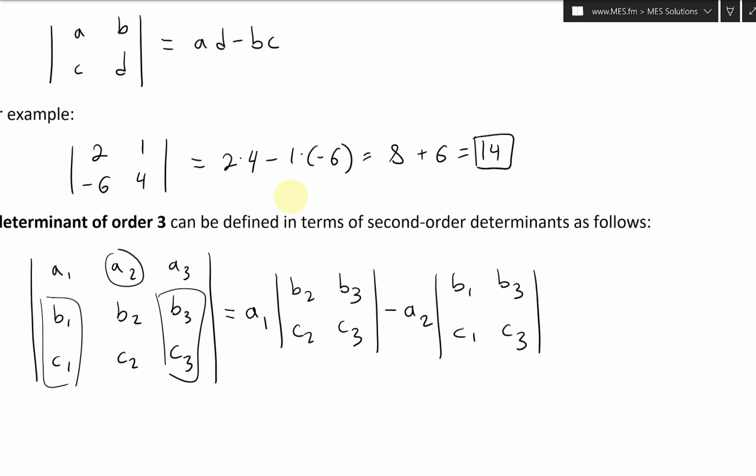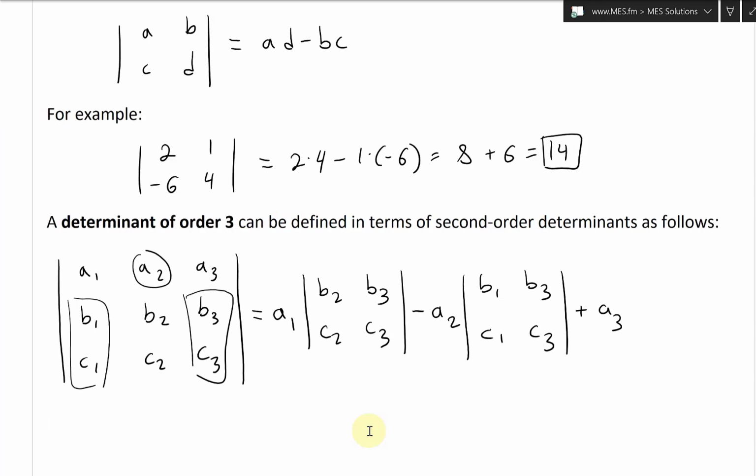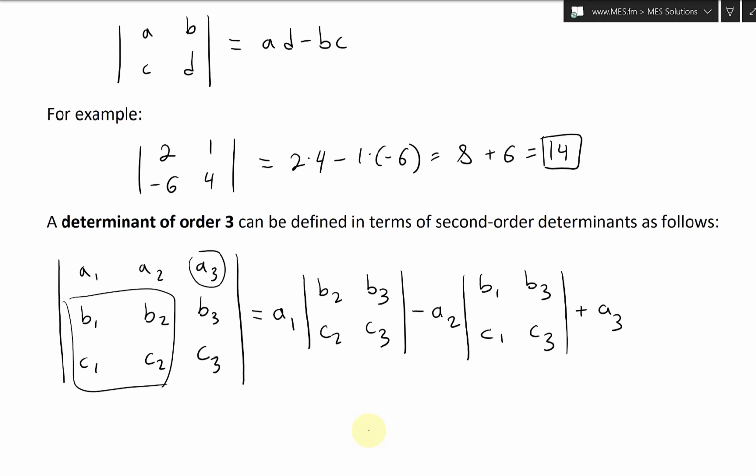And then the next term is plus A3, similar to the A1 setup. Shifting everything over, this is going to be A3, B1, B2, and then C1, C2, boxed up as a determinant.